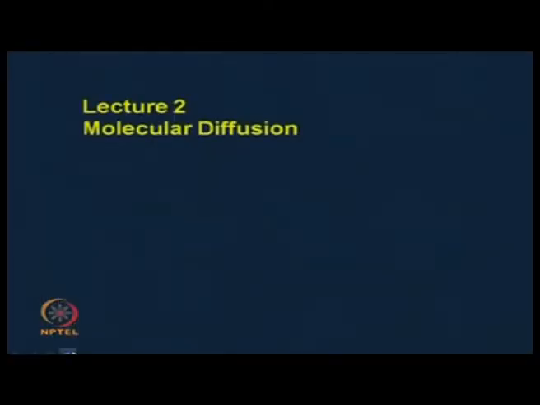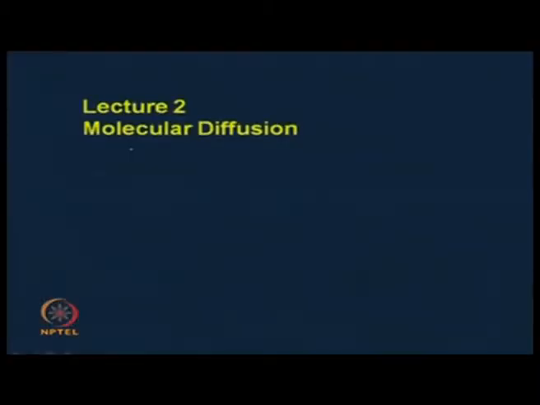So, molecular diffusion, as we said in the last class, is the diffusion of molecules by virtue of their thermal energy. Since diffusion by molecular diffusion occurs by thermal energy, the rate of diffusion is slow. We can explain this mechanism by simple kinetic theory.